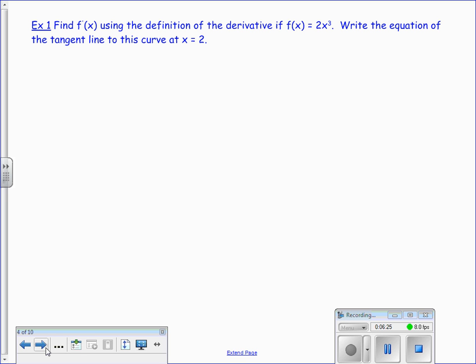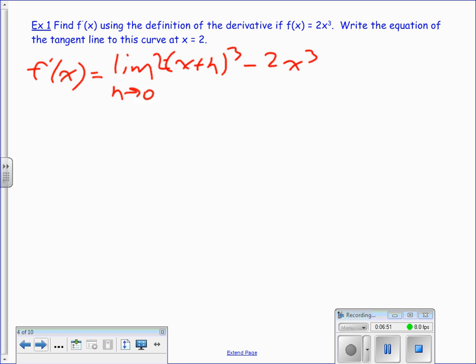So first thing we need to do is find f prime of x. And we do that by using the definition, the limit as h approaches 0 of f of x plus h, which is 2 times x plus h cubed, minus 2 times x cubed, all over h, as h approaches 0.